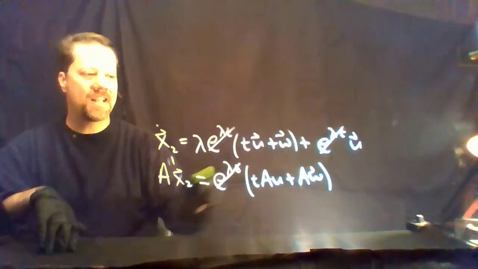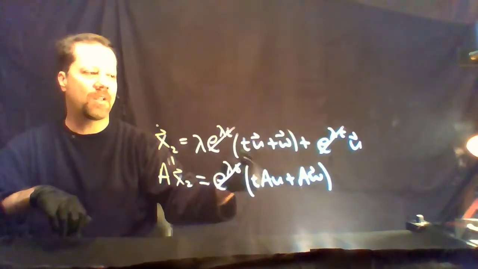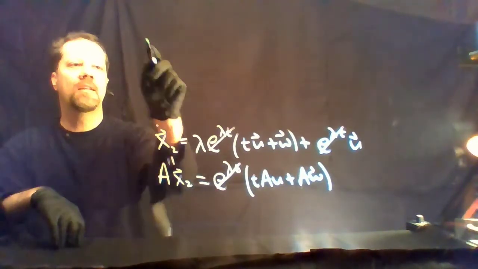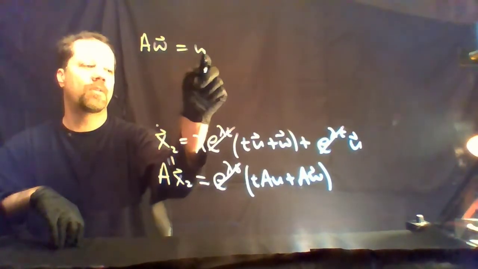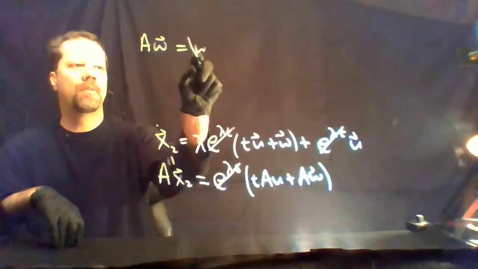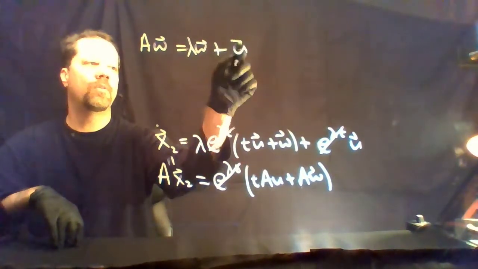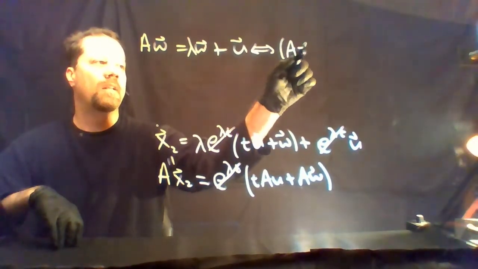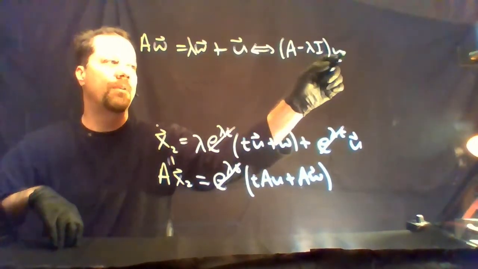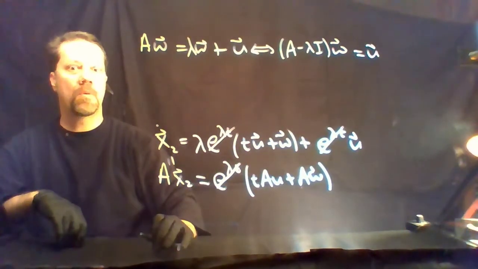Since the equation has to be true for all t, we can set t equal to 0 and just equate the constant terms. This gives us Aw equals lambda w plus u, which is equivalent to (A minus lambda I) w equals u. More on that in a minute.